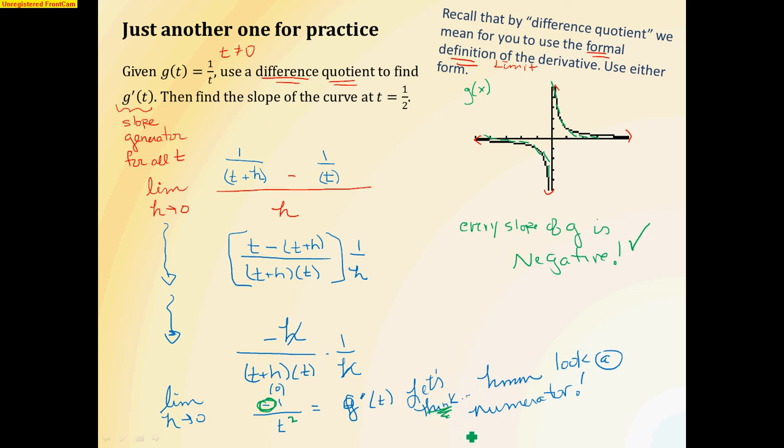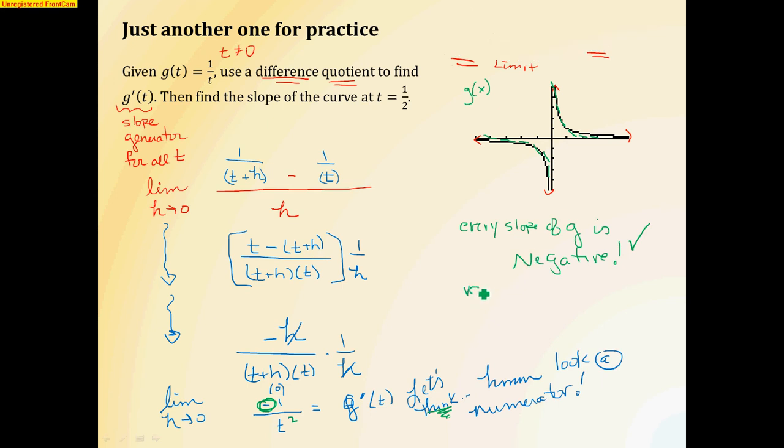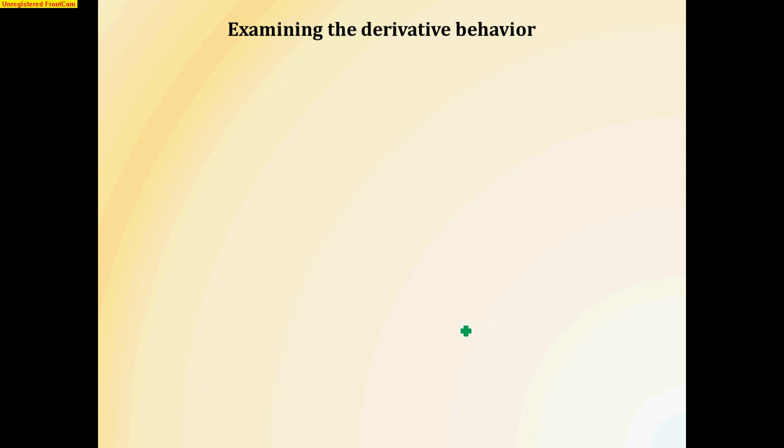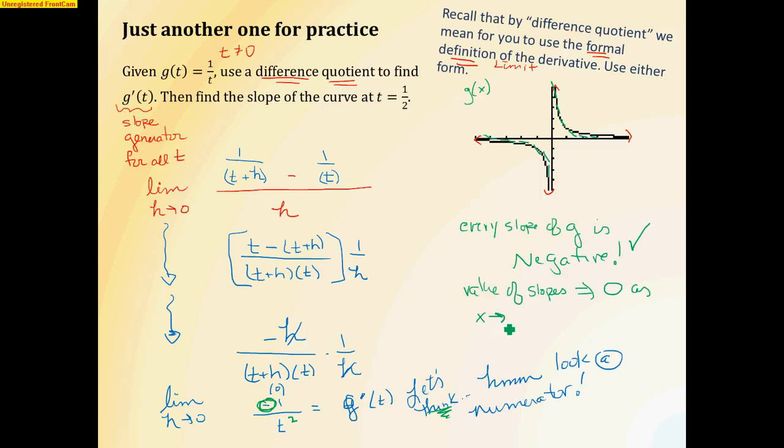Here's another thought. Let's think some more. What is true about a ratio whose numerator is always 1 and whose denominator gets bigger and bigger? Doesn't the value of the slopes approach 0 as x gets closer and closer to positive infinity or negative infinity?